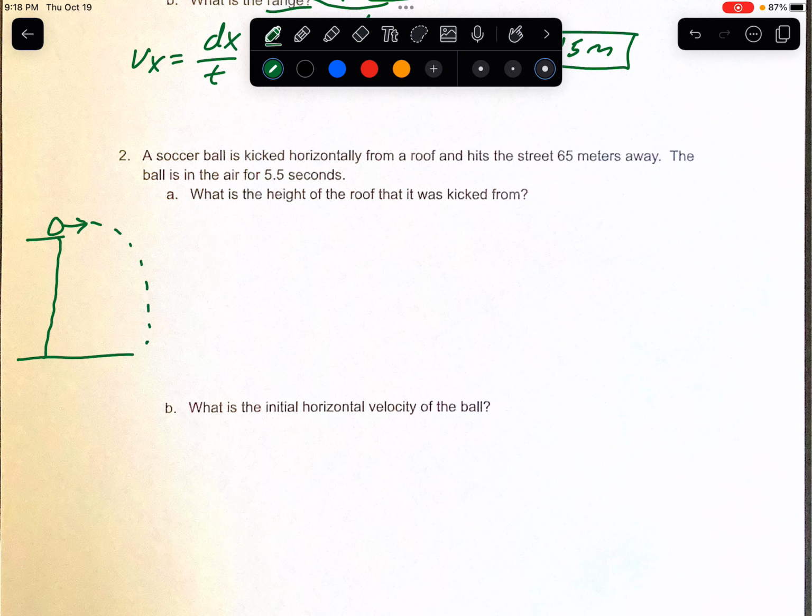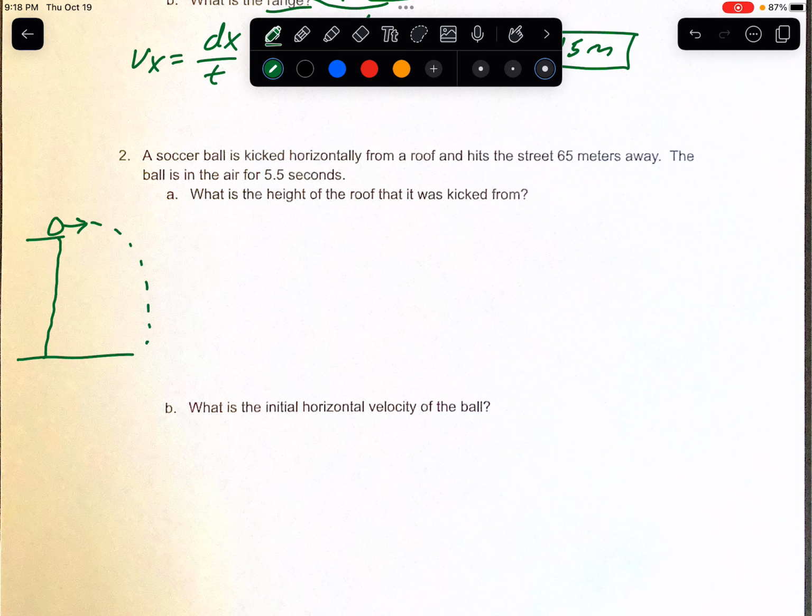I would say 65 meters below if I meant it to be a vertical distance or height. But 65 meters away is your horizontal distance, and I gave you time. So we're going to set up our t-chart: x, y, vx, dx, and t, and our daffy t over here.